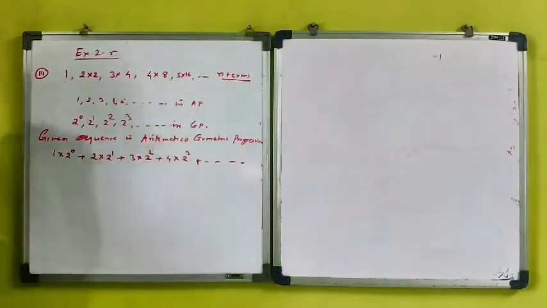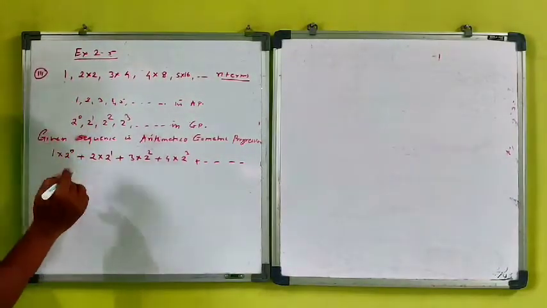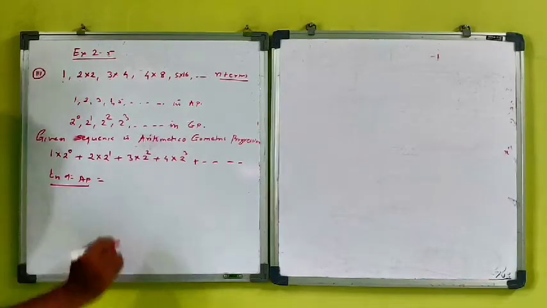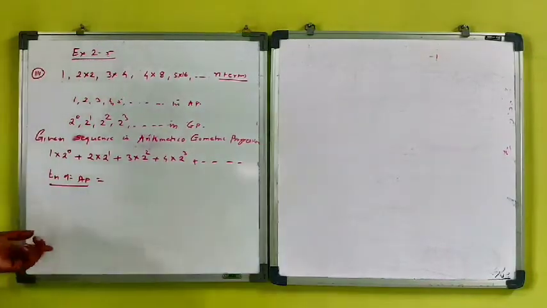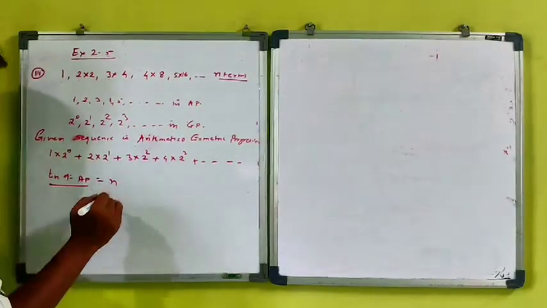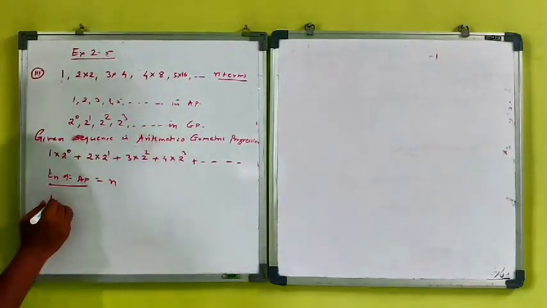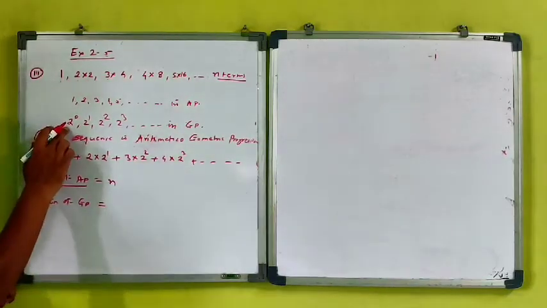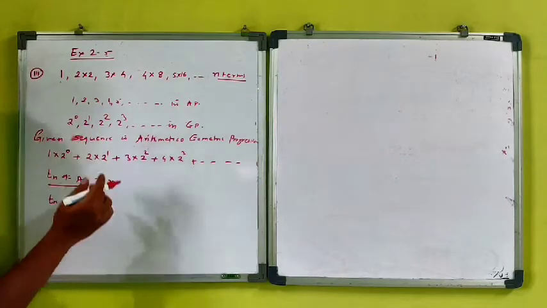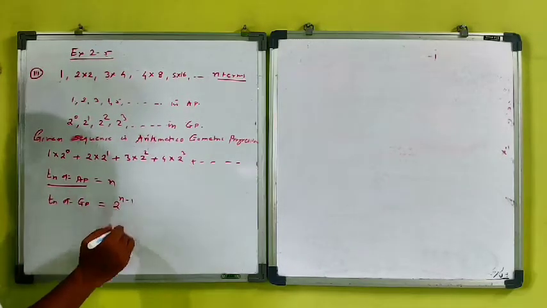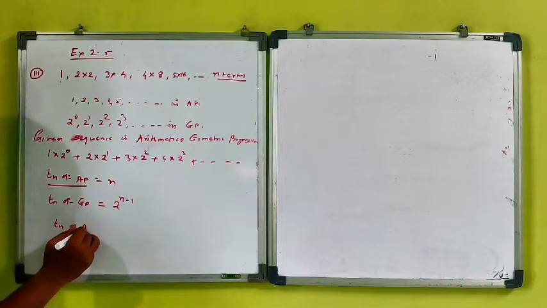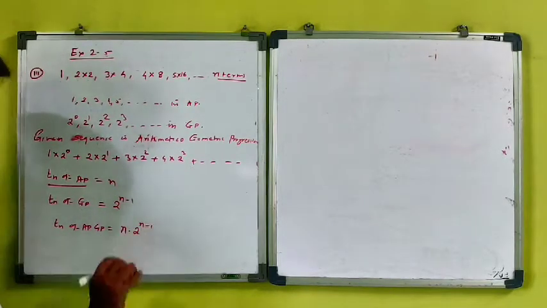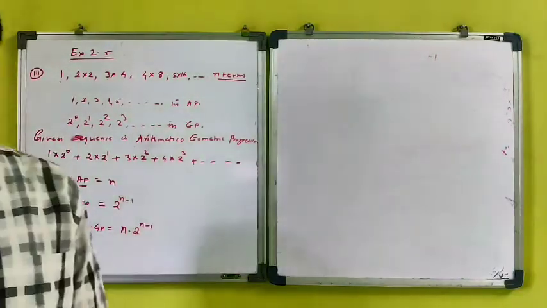So what is the Tn for this? We find Tn of AP. Tn of AP here is very simple, it is simply n. And Tn of GP is 2 raised to n minus 1, because the first term is 2 raised to 0. So Tn of AGP will be n into 2 raised to n minus 1.